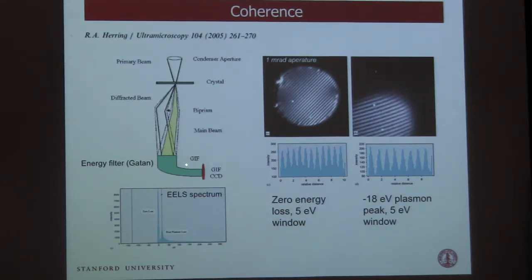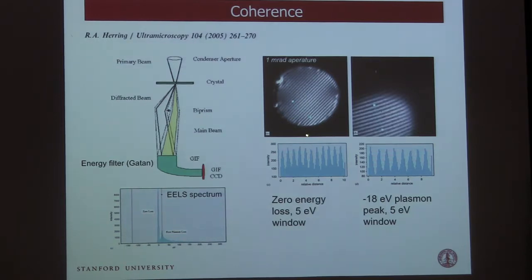And here's a filter that looks at the energy of the electrons after they've gone through the crystal. And you might think that if there's energy lost for the electron going through the crystal, that somehow gives which-path information that's going to wipe out the possibility of interference. And you will not be able to see interference fringes, what they call an electron hologram, at the detector.